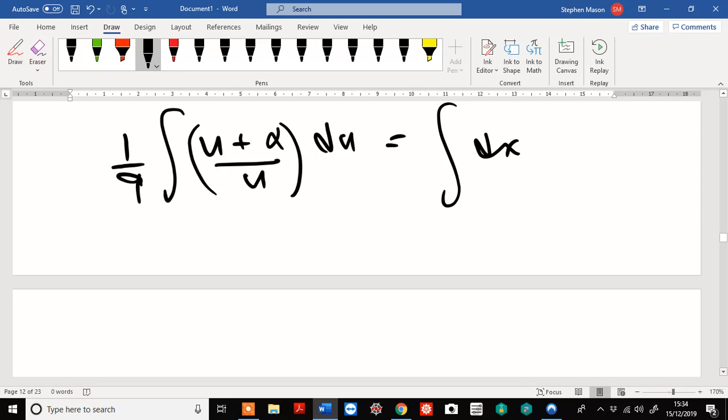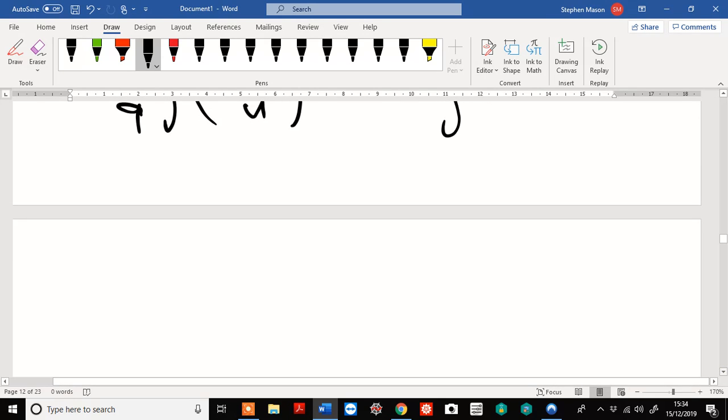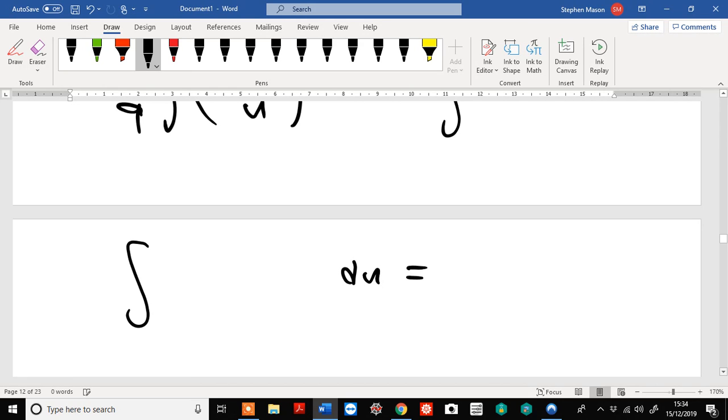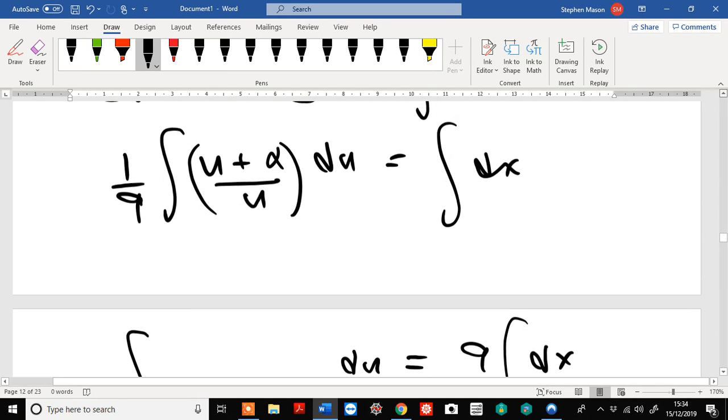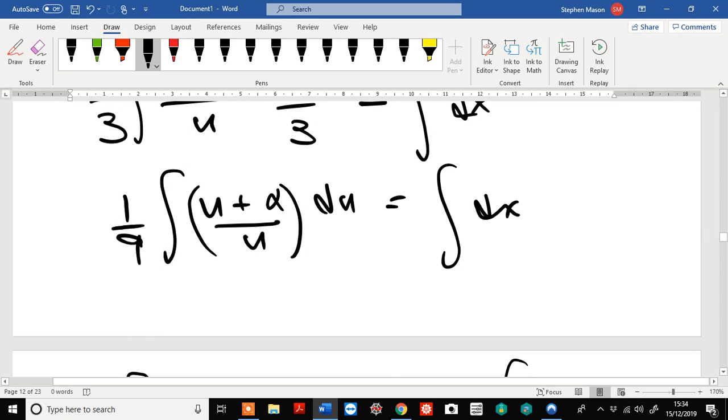Right, now have we simplified this problem in any better way than we had before? Well, it might not look like it at first, but actually we have simplified it, because first of all, if we just multiply both sides by 9, we've got the du there equal to 9dx, and then we can actually divide the u plus alpha out by u.